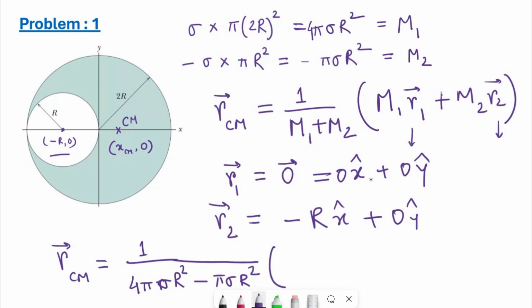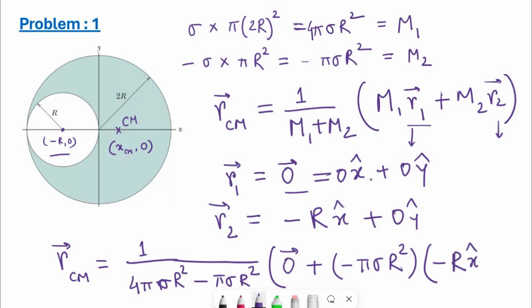And inside we have, what do we have? We have 0 vector times m1, so that's again a 0 vector, plus m2, which is minus pi sigma r squared times minus r x hat plus 0 y hat, which we can omit for now.